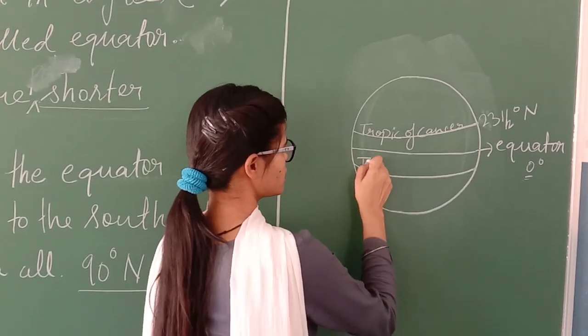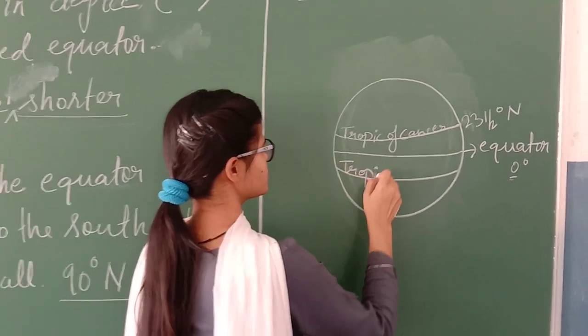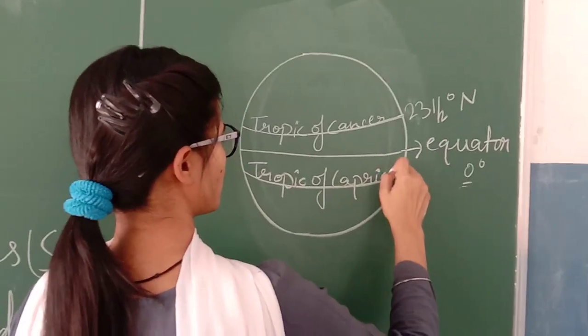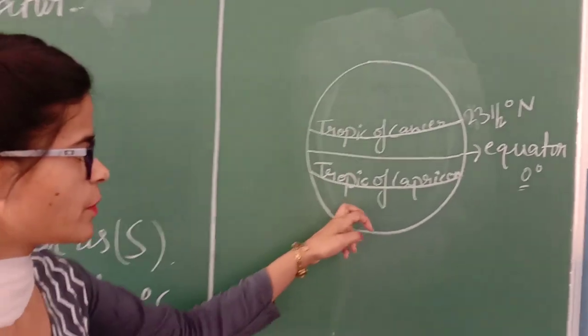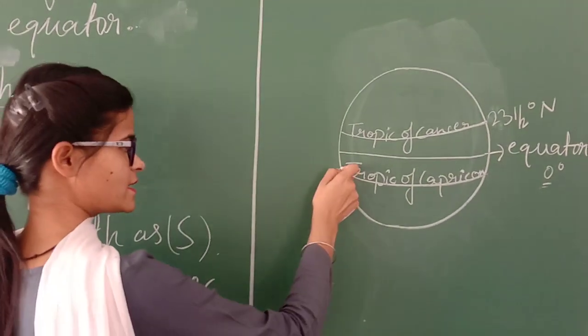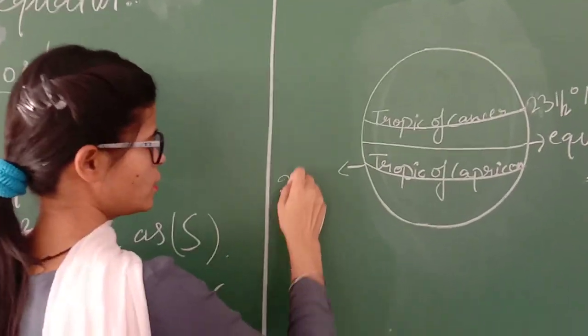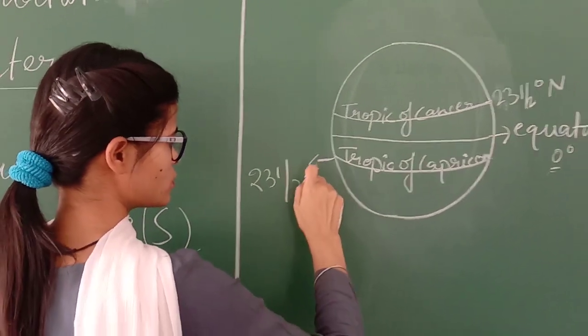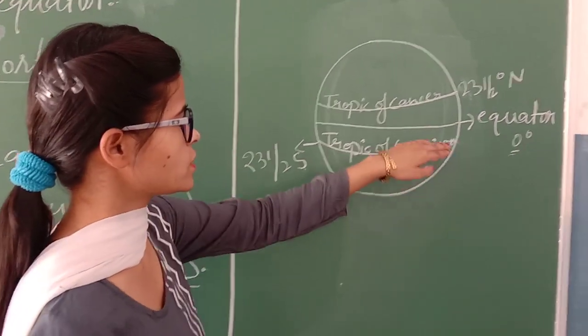We call it Tropic of Capricorn, and it is also at the angle of 23.5 degree south.